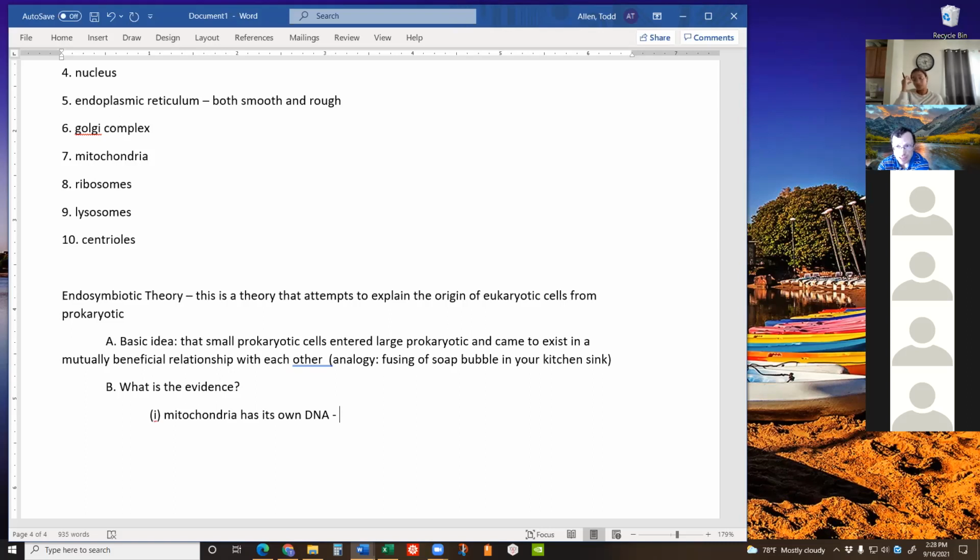The mitochondria DNA is much more similar to the nucleoid DNA of the bacterium than it is the nuclear DNA of the animal cell.